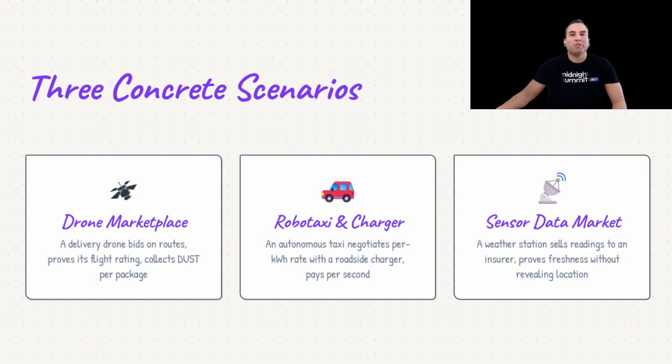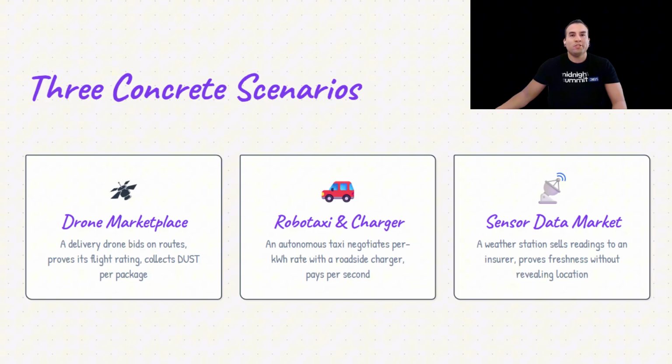No logistic coordinator, no human interaction. 2. A taxi and a charger. An autonomous taxi pulls up to a roadside charger. They negotiate a per kilowatt-hour rate for this session. The taxi pays per second as charging happens, and both settle on chain. No subscription, no account, no human in the loop.